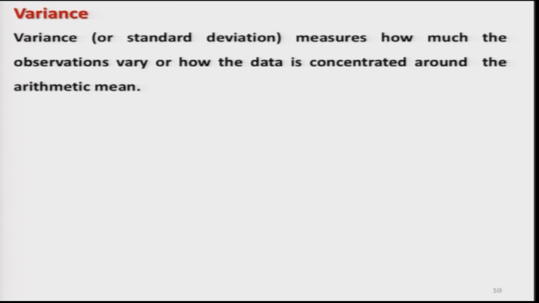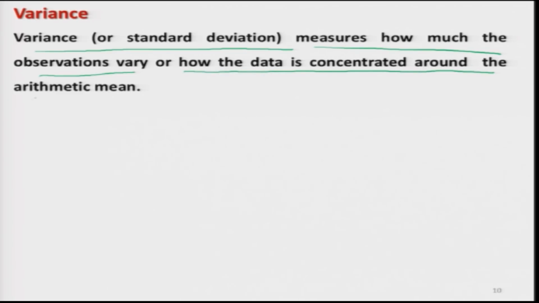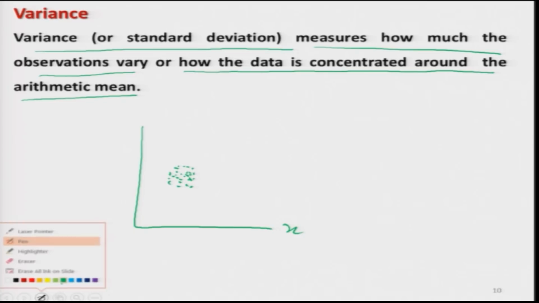Now, the question comes, what does this variance or standard deviation actually measure? The variance or, equivalently, standard deviation measures how much the observations vary, or how the data is concentrated around the arithmetic mean. For example, suppose I take a data set like this, and suppose there is another data set which is here like this.